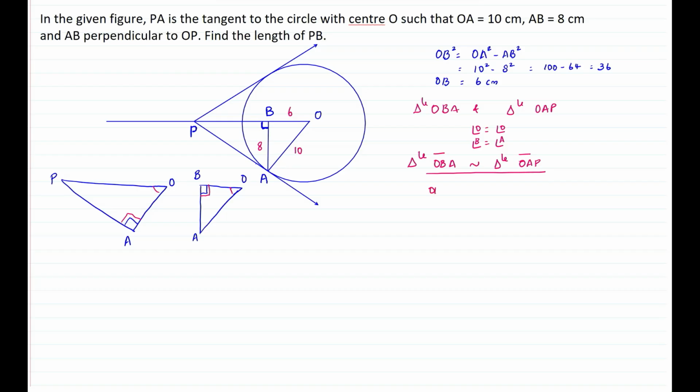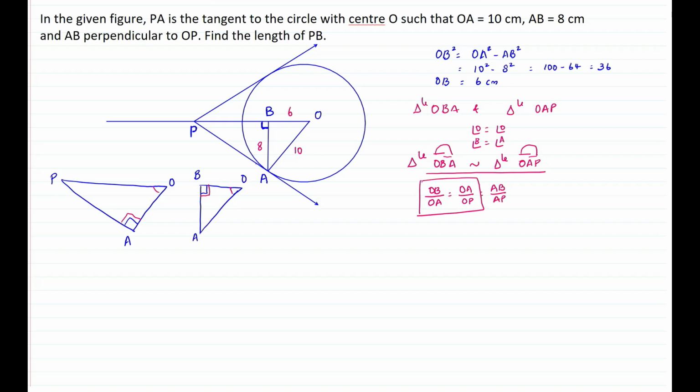So OB by OA is equal to, then we take OA here and OP here, will be equal to OA of smaller triangle divided by OP of the bigger triangle. And the third ratio, which we don't need for this particular question, but anyway, AB divided by AP. Okay, so for simplicity's sake I will write AB by AP.